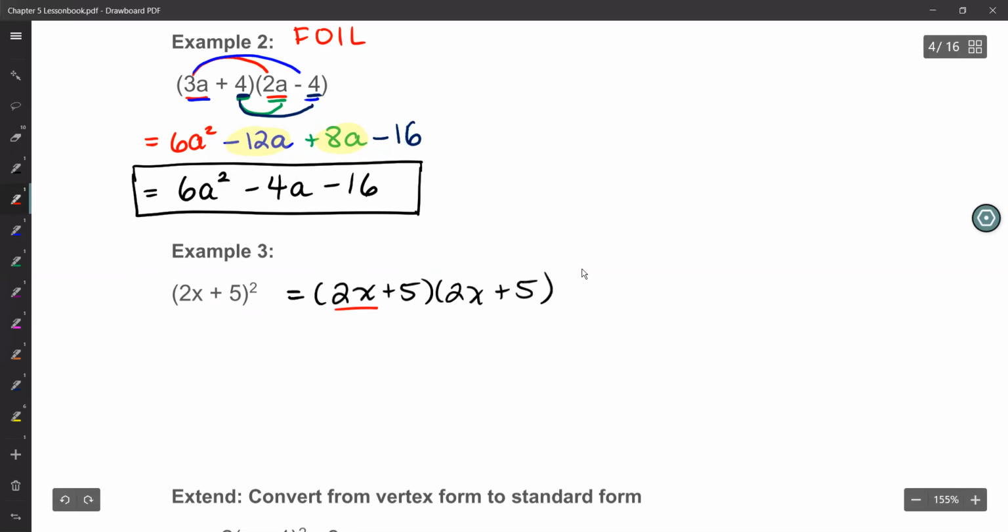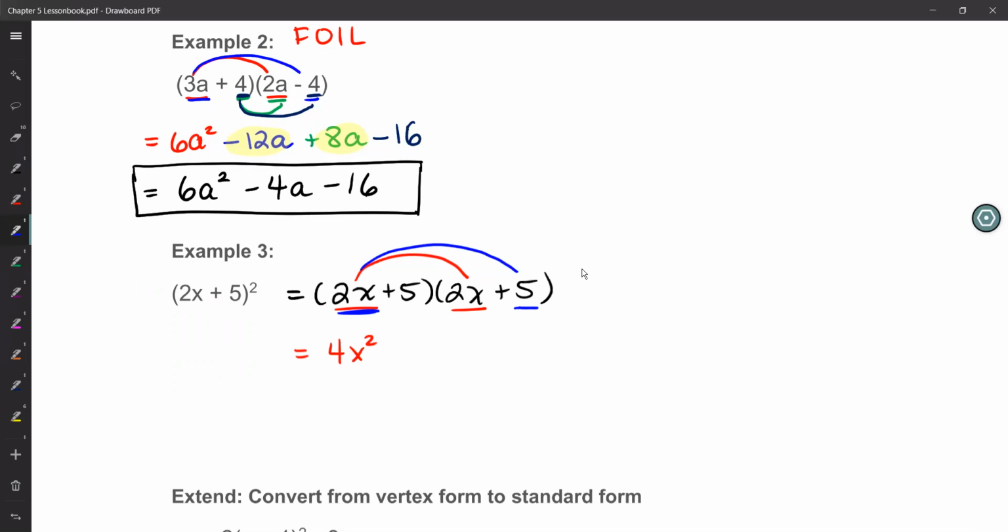So we'll do firsts. 2x times 2x is 4x squared. Outsides, 2x and 5. Make sure you're paying attention to the positives and negatives. This one only has positives, but we want to make sure, like when we expanded here, we were making sure that we got the correct positives and negatives as we were expanding. So 2x times 5, that should be positive 10x.